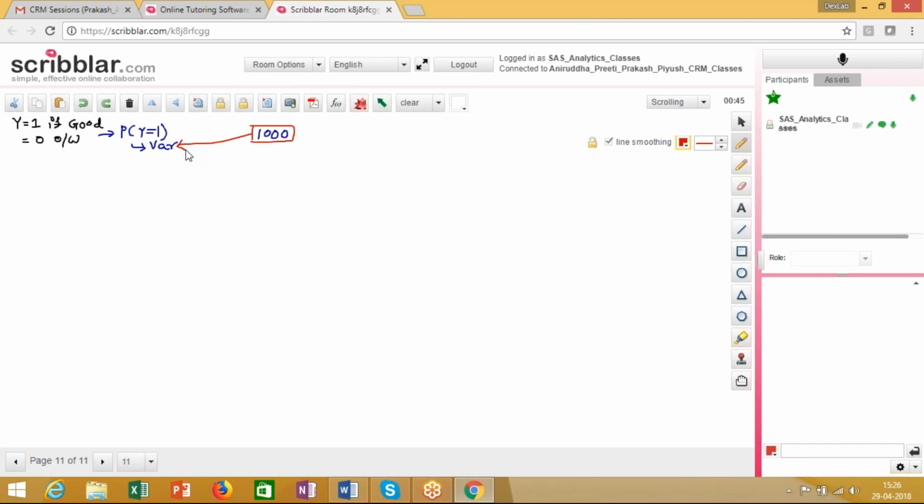I need to identify those variables which are the best possible distinguisher between the good and the bad. Those variables will actually enter into my model. Out of all these 1,000 variables, four or five variables will enter into my model.